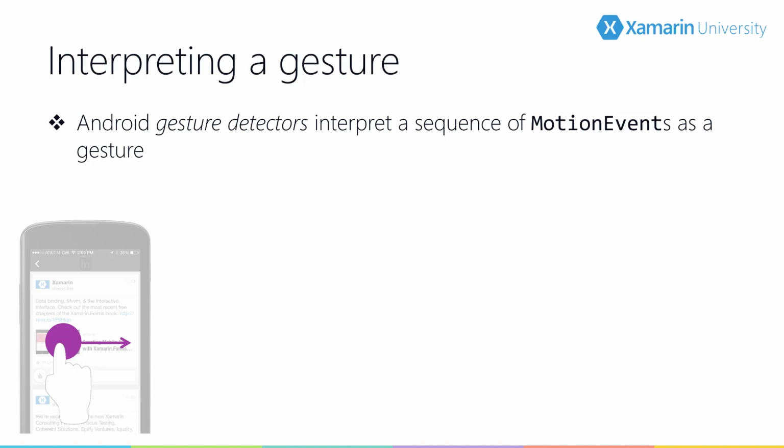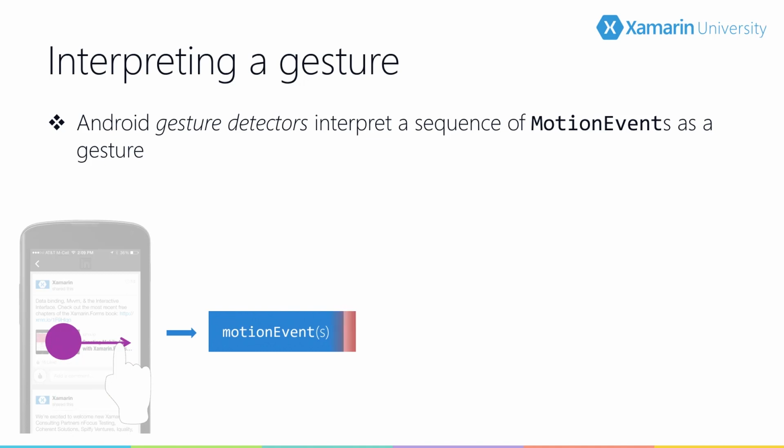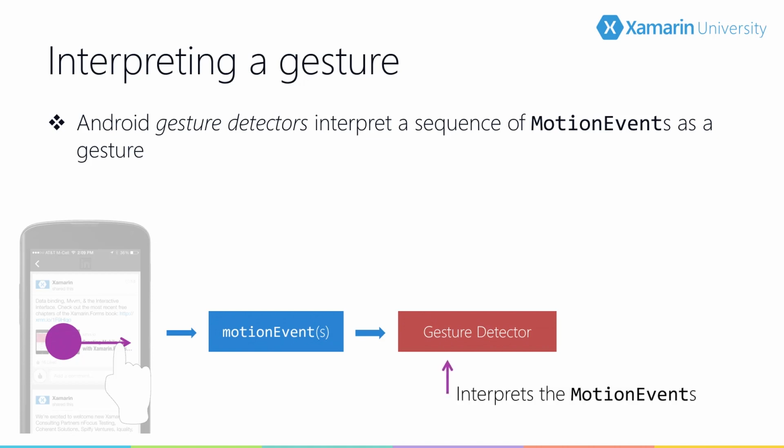Android uses objects called GestureDetectors to recognize these gestures. More specifically, they interpret a continuous series of motion events and watch for specific gesture patterns. When the user interacts with the screen, views and activities receive motion events, describing each discrete phase of that interaction. We can pass those motion events into a gesture recognizer, and it can notify us when a gesture is performed.